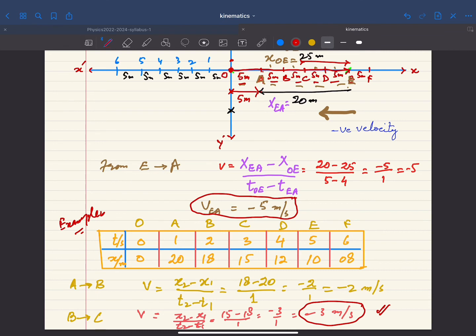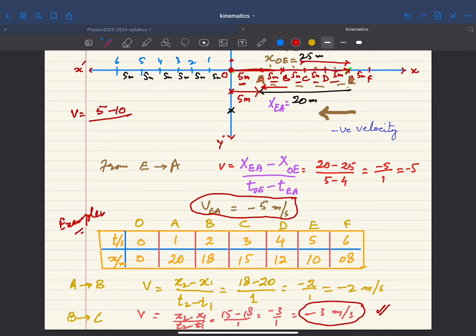You can consider another example for velocity, like suppose the initial displacement was your value here, this OB. So what is the displacement? This is your initial displacement, which is 10. Now if you are coming from B to A, then this displacement is only 5.